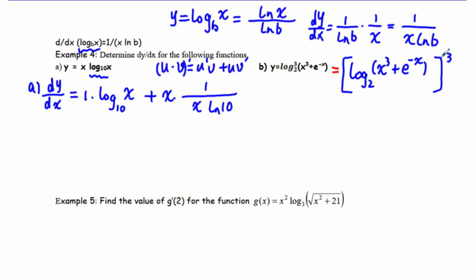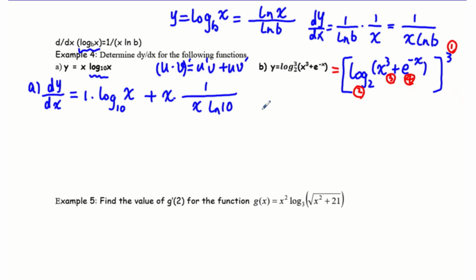So when we do the derivative, we are going to do the exponent first, then the log second, then do whatever is inside: this power polynomial function and also this exponential function.